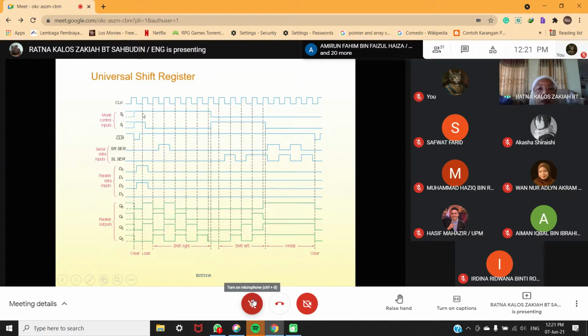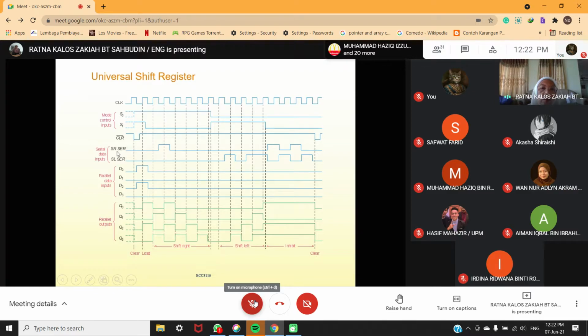S0 high, okay, this is S0 high, at the positive edge clock, and S1 low. This is high, positive edge clock, S1 low here, this is shift to the right. So when S0 is low and S1 is high at this part here, then this will shift to the left.